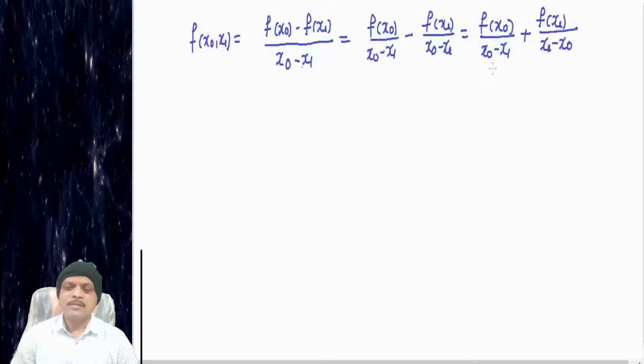So this is the value of the divided difference f for two arguments x0 and x1.